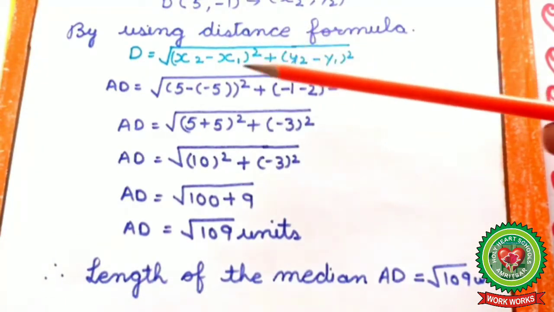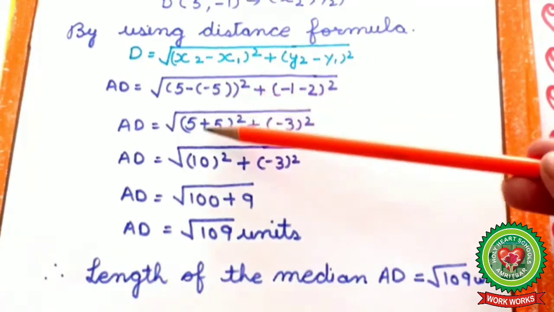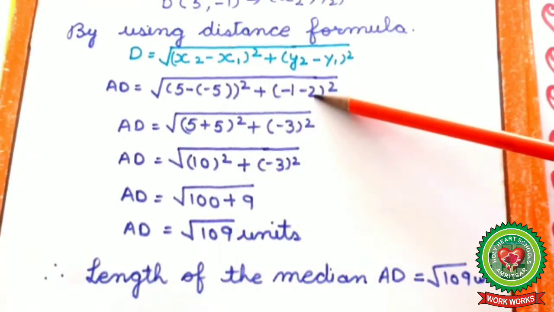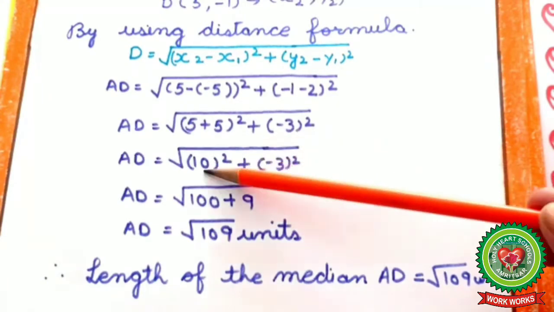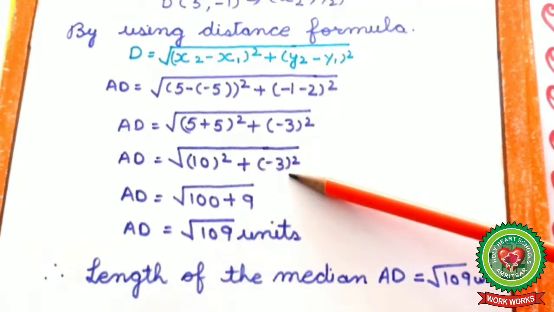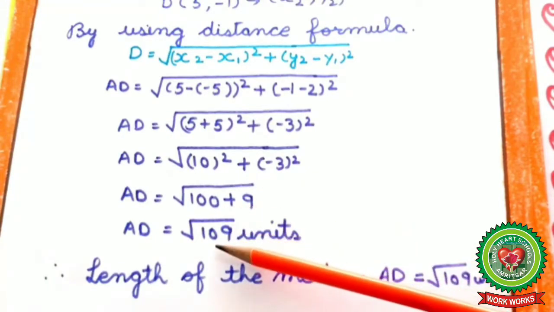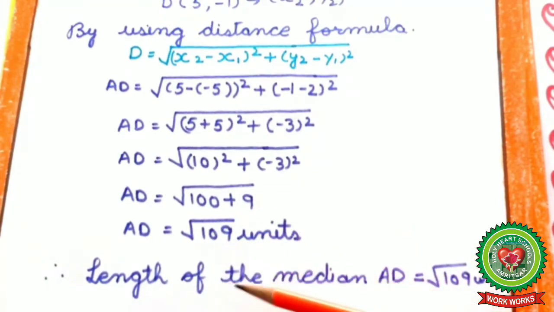After filling values, 5 plus 5 is 10, minus 1 minus 2, sign of minus, add the number, then 10 square is 100 and minus 3 square is plus 9, then 100 plus 9 is 109. So therefore the length of the median AD is square root 109 units. This is example number 4 related to geometrical figures.